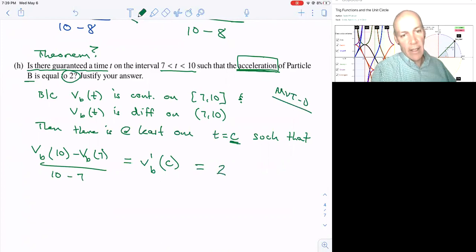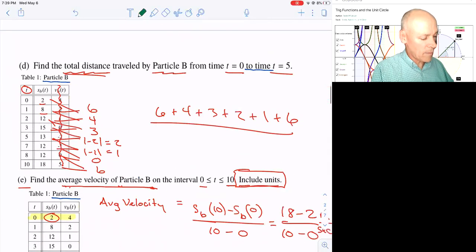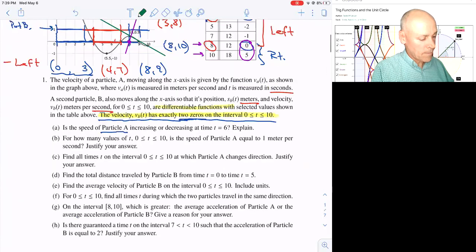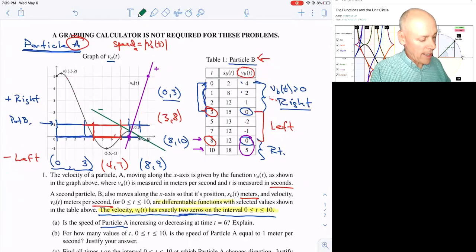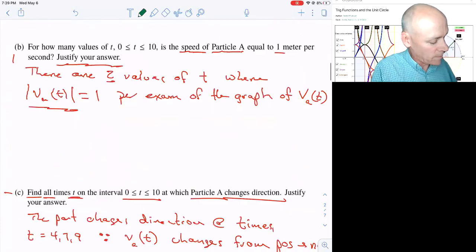Okay, I'm almost done. What I have to do is just drop in my values for v_B(10) and v_B(7) and make sure this works out to be 2. v_B(10) is equal to 5 and v_B(7) is -1, just pulling those right from the table there.